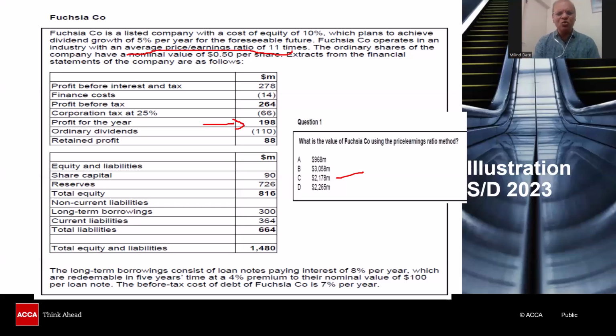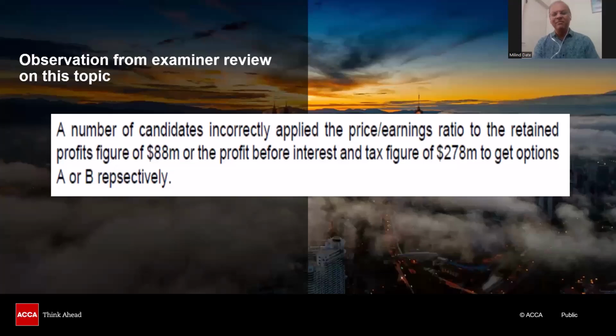Where students can go wrong in this case, examiner has identified that as well. Number of candidates incorrectly applied the PE ratio to the retained profits and not profit after tax. Some candidates multiplied PBIT by the PE ratio.